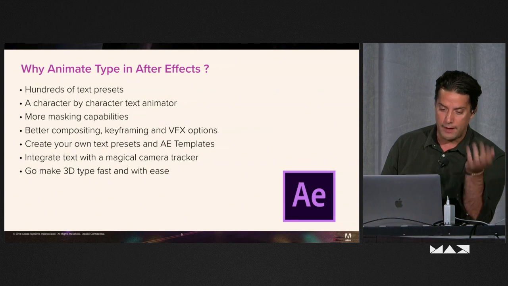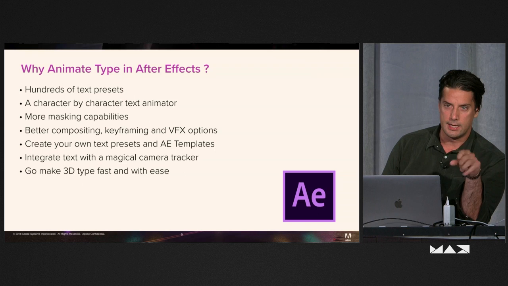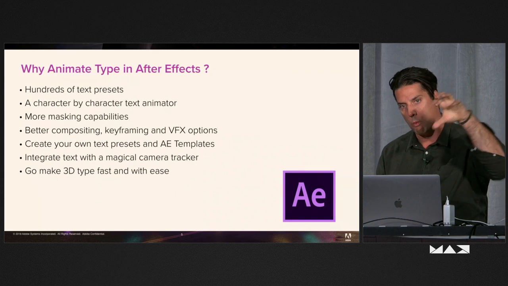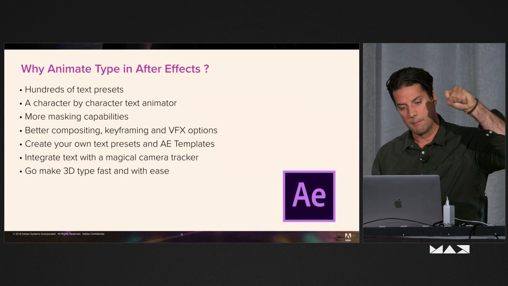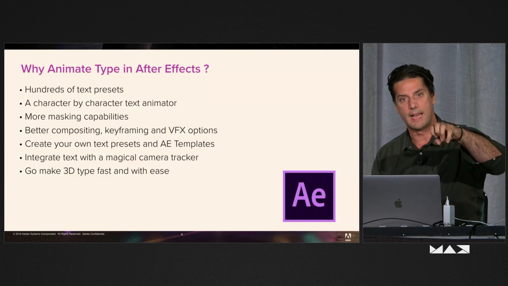Now, After Effects, on the other hand, you've got hundreds of text presets available for you. And a big difference in animation in most cases is Premiere offers a lot of flexibility when you want to animate a word in, right? But when it comes to character by character animation, it's not as fluid as After Effects.